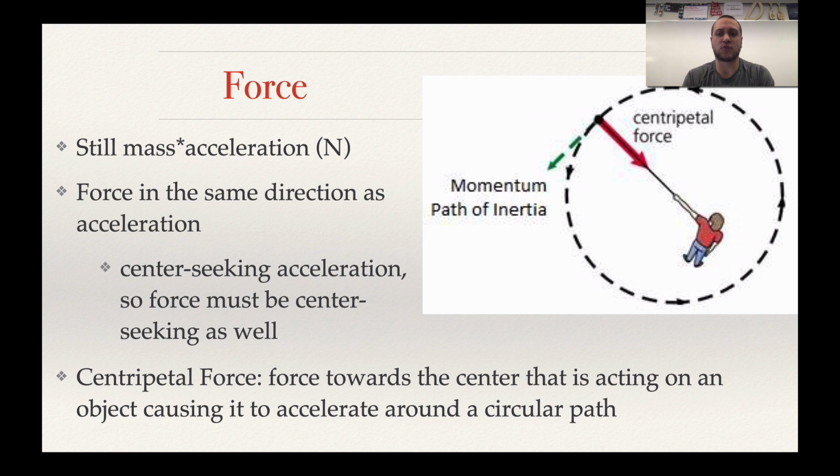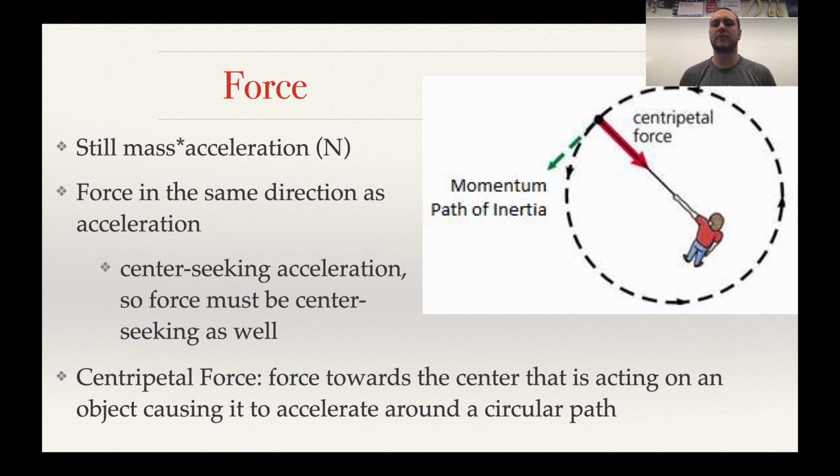That's where the mass is trying to go, but it is being pulled inward by this individual holding onto it via some cord, and the force that they are exerting is towards the center. So as the object spins, this person is pulling the object inward, but because of its velocity and because of how it is connected to that rope or whatever it may be, it continues to turn in a circle.